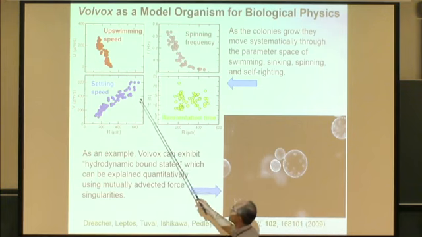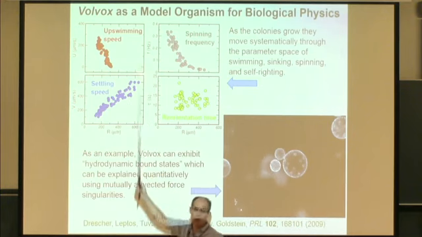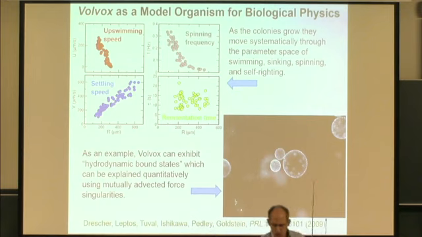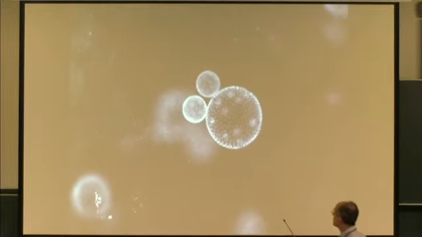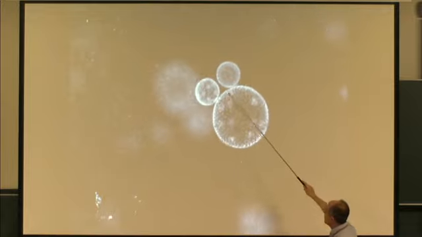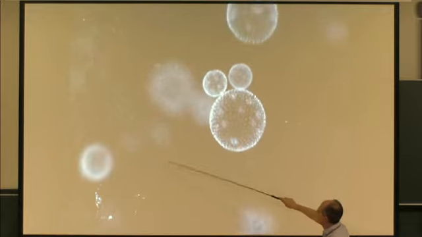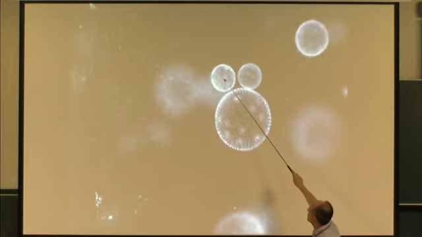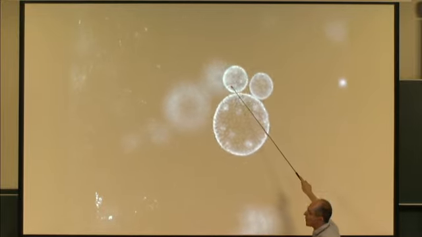So for instance, if you want to study some of the very fast swimmers that don't really care much about gravity, you could put them in a box with a glass top on it, and you can watch them swim up to this glass ceiling, and they do this. They spin around as they naturally do, but when there's a perturbation, as there will be, this guy swims past, this one is pushed away, and then it comes back.